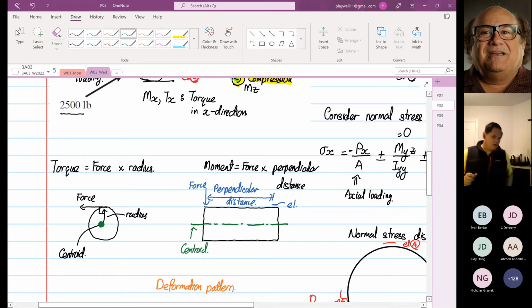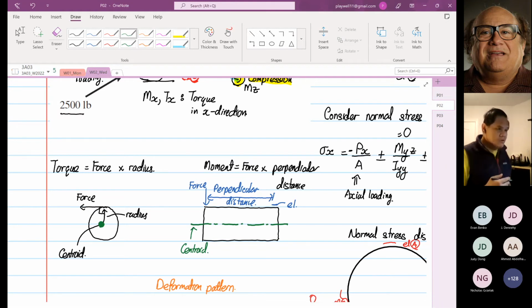On the left hand side, where is the torque? What you see over here is that when the force is applied, the green dot is still at the same position. Yes or no? It's still at the same position.